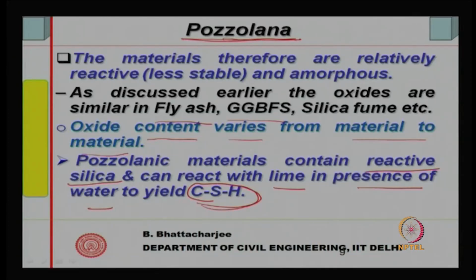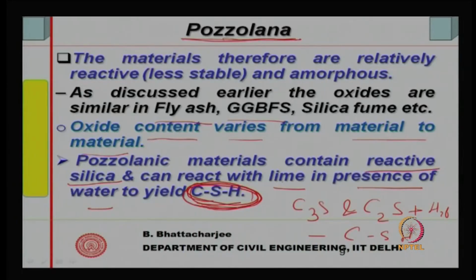We have seen when cement reacts with water, C3S and C2S react with water and give rise to CSH. In ordinary Portland cement clinker, lime and silica are mixed together and calcined to obtain the OPC clinker, but here you take reactive silica and reactive lime, mix them together in presence of water, and they react and produce the same sort of product, CSH.